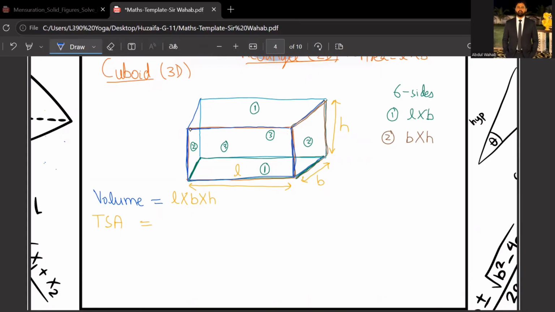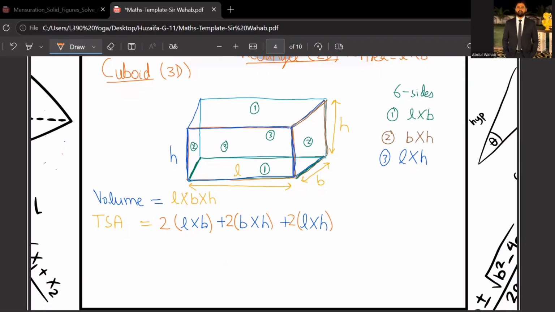So it represents L and H. So you just multiply L into H. So you can say L multiplied by B plus B multiplied by H plus L multiplied by H. And as we know, each side is equal to another one. One has two sides, so we multiply with 2. And this also 2. This also 2.